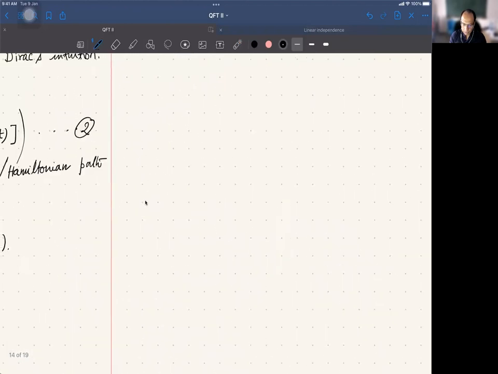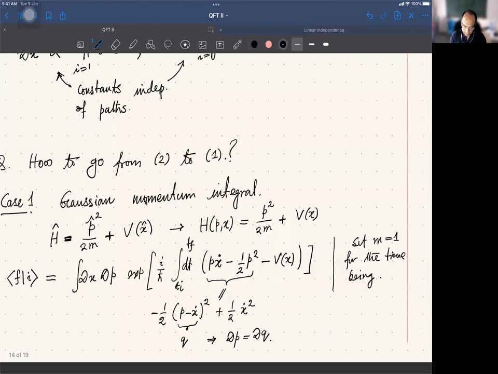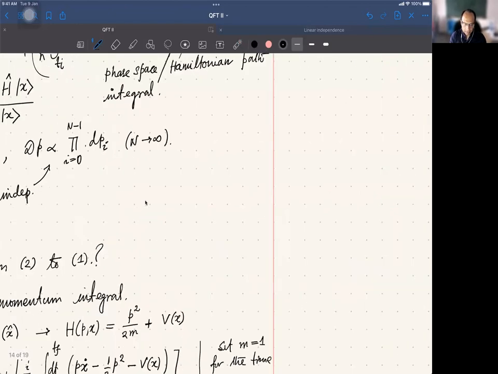Combining all of this, what one gets for the matrix element is integral dq, and then you see this has two terms. One is minus half q square, plus half x dot square. So minus half q square can be extracted, everything else is x dependent, so this can come out.